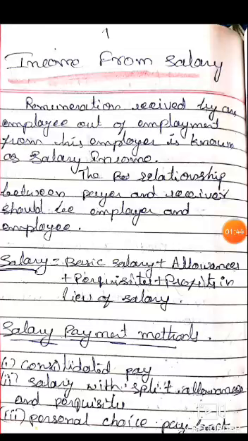In this method, the employee gets allowances and perquisites, but does not have any chance to select them. It remains the same for a particular cadre, so the employee gets according to his or her category.